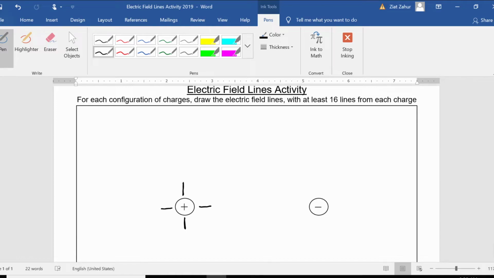So that's 4, and I need to have 4 symmetric ones on the negative one as well. What you do is dotted lines, so that you can connect.